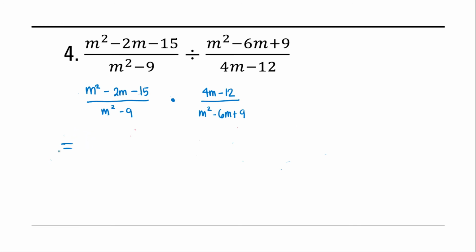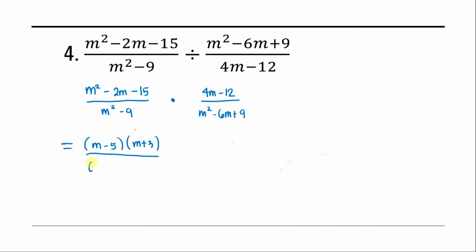So the first one, we have m squared minus 2m minus 15. That is a trinomial. So when we factor this out, we think of two numbers wherein the product is negative 15 and the sum is negative 2. The factors are m minus 5 and m plus 3. So negative 5 times 3 is negative 15 and negative 5 plus 3 is negative 2. Then m squared minus 9 is a difference of two squares. Its factors are the sum and difference of the square roots of the terms.